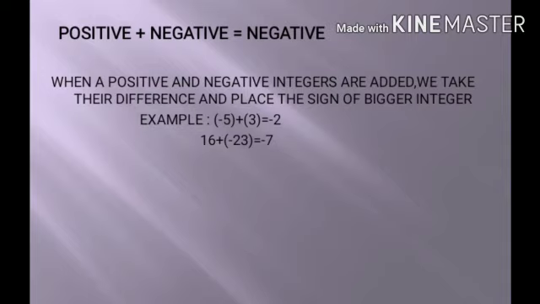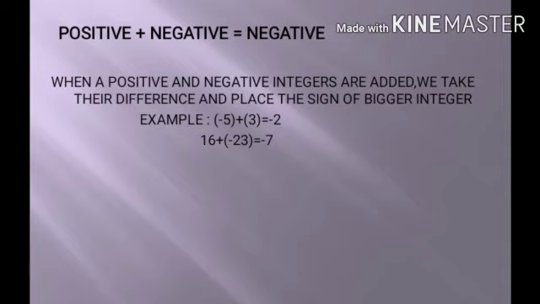16 plus minus 23 is equal to minus 7. 16 is a positive integer and minus 23 is a negative integer. So we take the difference, which means 23 minus 16. 23 minus 16 is equal to what? 7.